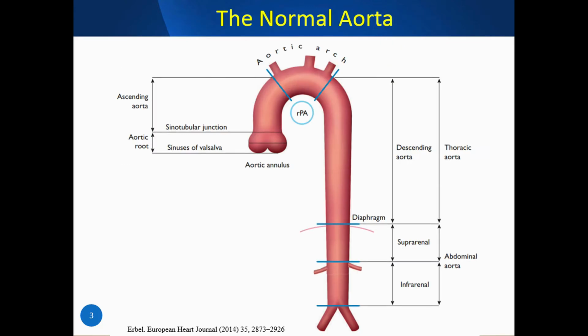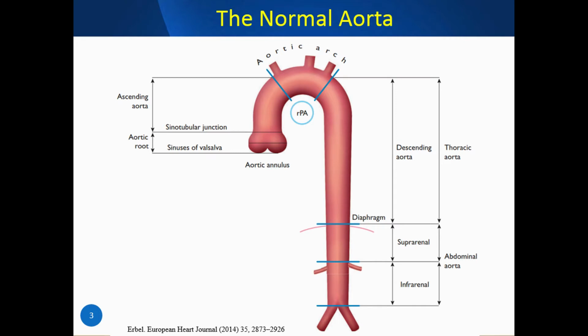So I think just to begin, it's very important to know what the normal aorta looks like and how you go about naming different parts of it. So in general, you have the aortic root, which is right after the aortic valve, and it consists of the sinus of Valsalva up to the sinotubular junction.